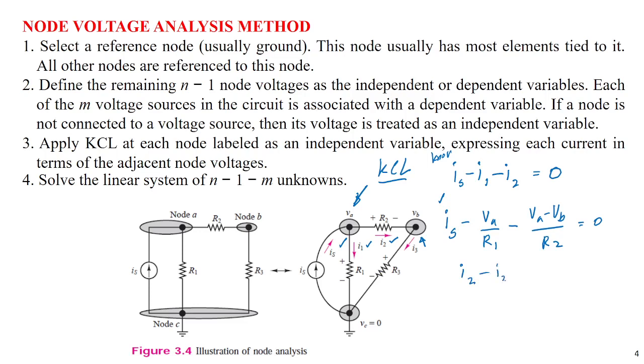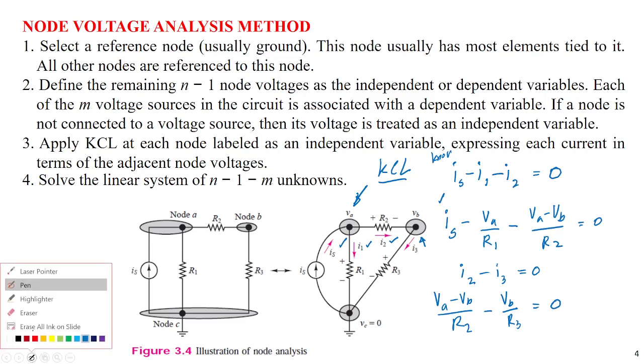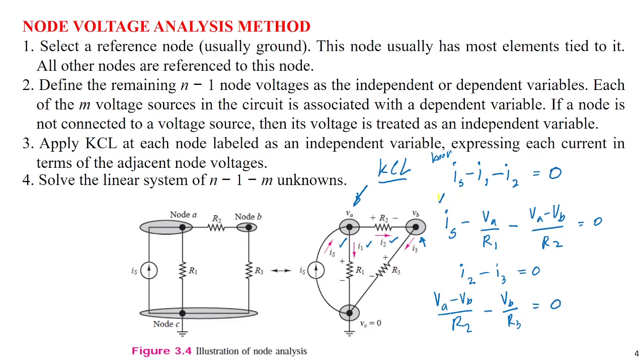And I2 is VA minus VB divided by R2, and I3 is VB divided by R3. So I2 minus I3 is 0. Then I am interested in this equation and this equation.